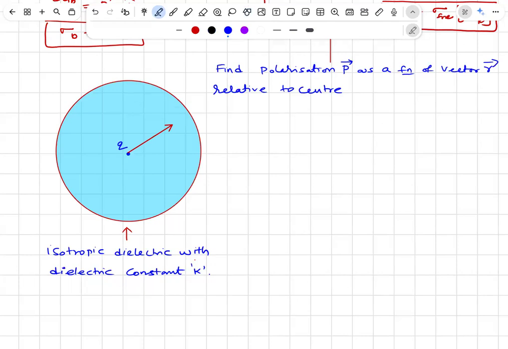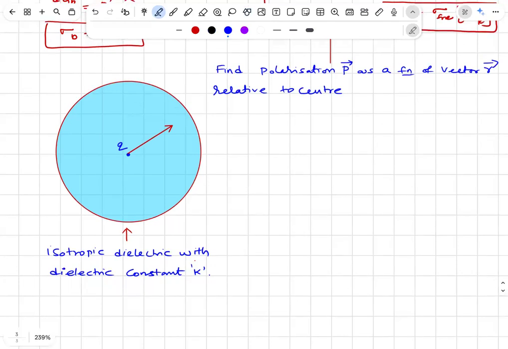Also I want the bound charge inside a sphere whose radius is less than the radius of the ball.